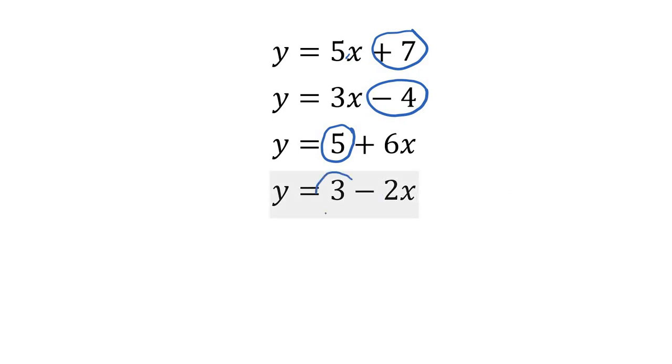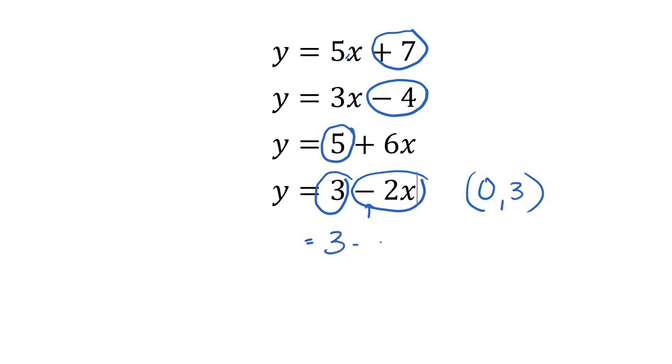We can see that it's the 3 that's on its own, so our y-intercept occurs at 0, 3. Remember, this negative sign is telling us what happens to the 2x. When we've got a term, the sign before it belongs to that term. So it's not negative 3, it's 0, 3. We could check this by substituting x equals 0. I've got 3 minus 2 times 0, which equals 3.